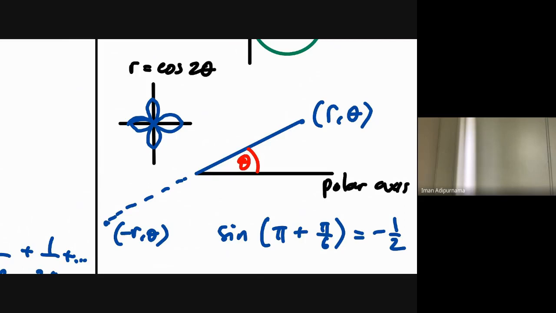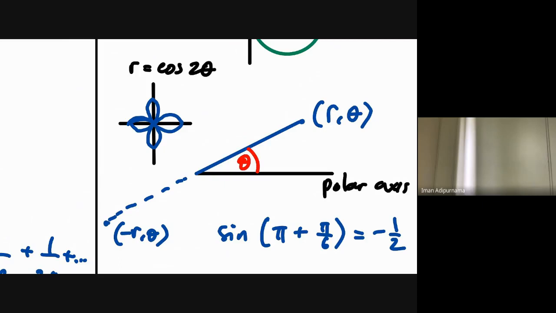The way you draw this rose curve is not, oh, it's 0 and then pi over 2 and then go here, go here, go here. No, no, no. You will find interestingly the curve will go here, here, here, if you are considering the negative.